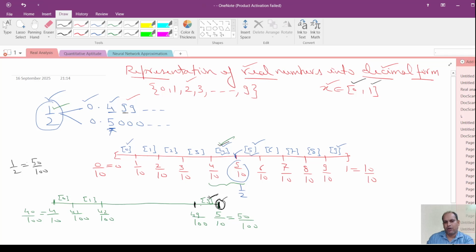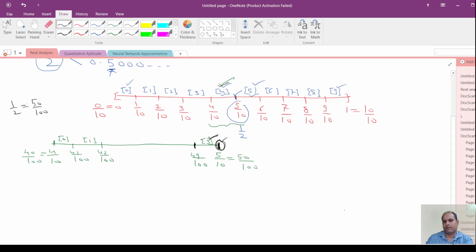Now, if we keep on dividing this interval, 49 by 100 to 50 by 100, again in 10 parts, then 50 by 100 is the number half. Again if I multiply numerator and denominator by 10, I will get 500 upon 1000.